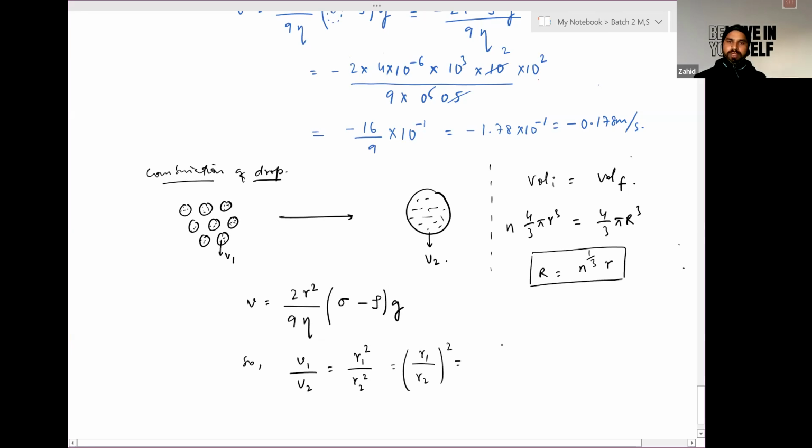R1 is small r and R2 is n to the power 1 by 3 times r, whole squared. So this r and this r will cancel out, and you're left with n to the power 2 by 3. Now just cross multiply. You'll get V2 equals n to the power 2 by 3 times V1. So this will be the final expression for calculating V2 in terms of V1.